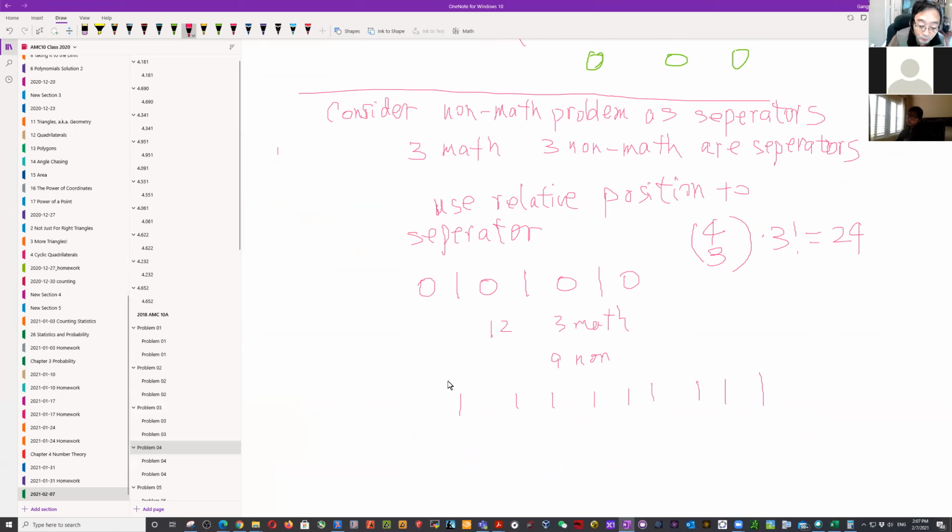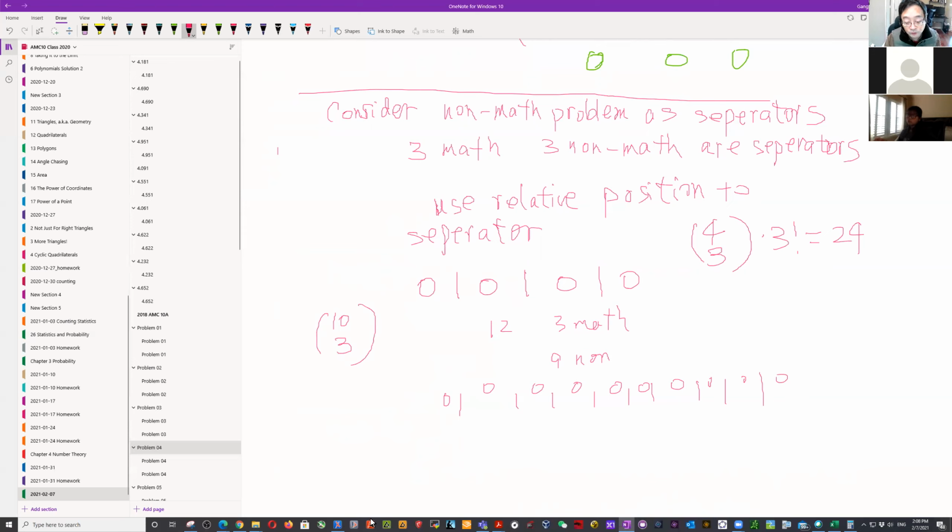Those 9 separators create 10 positions for you to put in the math periods. So basically it becomes 10 choose 3 ways to pick the math positions.